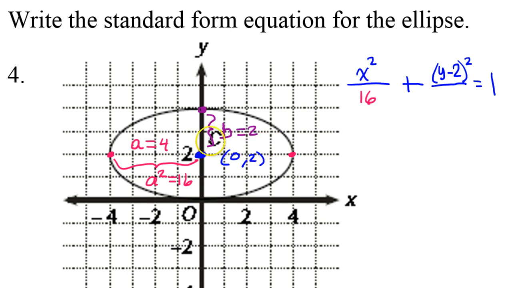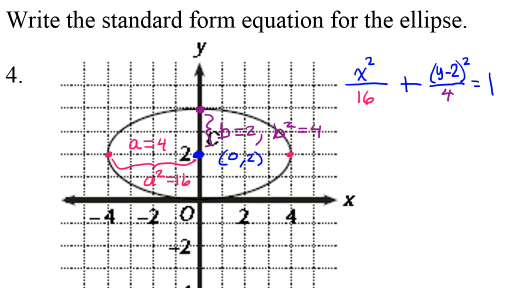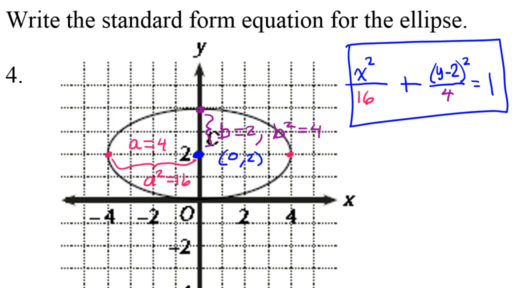Since b is equal to 2, then b squared, of course, is 4. Again, notice that this b value is in the y direction. So it won't be a surprise to you that this 4 will go in the denominator of the y term. So that's it for number 4. This is the standard form equation of the ellipse.